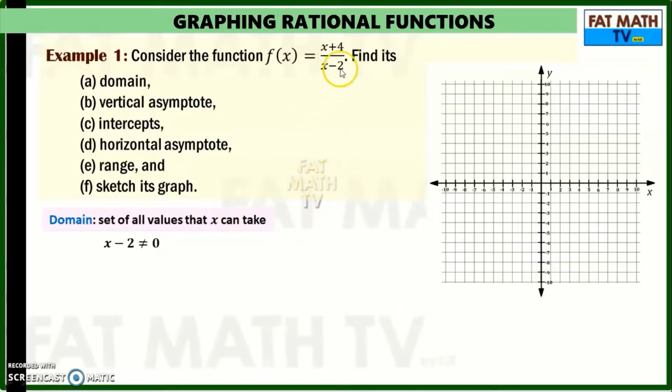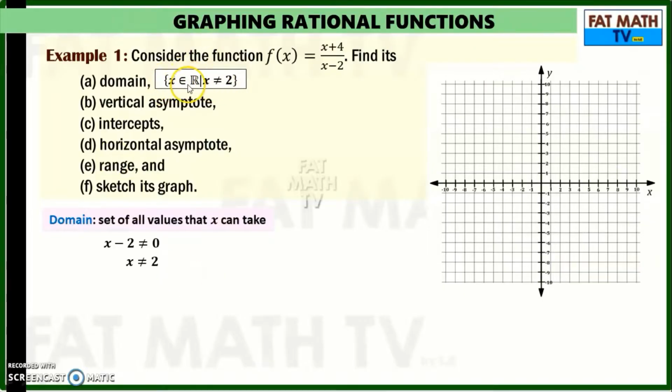So in this case, since the denominator is x minus 2, that expression should not be 0. So x minus 2 should not be 0, therefore x should not be 2. You just add positive 2 to both sides of the inequality here. Okay, so all real numbers except 2 can be the value of x.